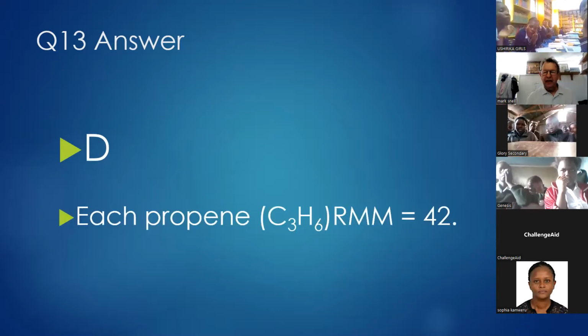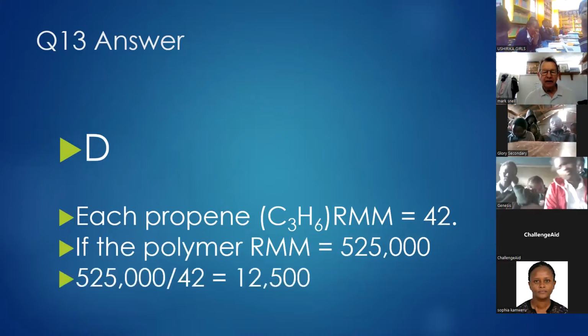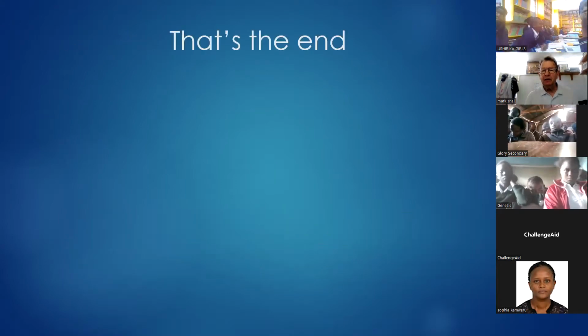Well, because each propene, which is C3H6, has an RMM of 42. If the polymer's RMM is 525,000, then it is 525,000 divided by 42, which is 12,500. And that is, ladies and gentlemen, the end of the quiz.